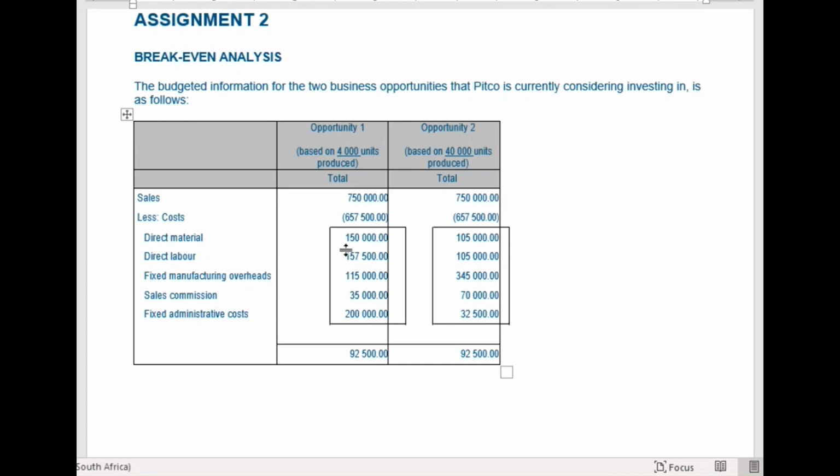Now, please notice that I'm just going to add something here for you as a little note that you can do for yourself. So here you have fixed cost and you have variable cost.